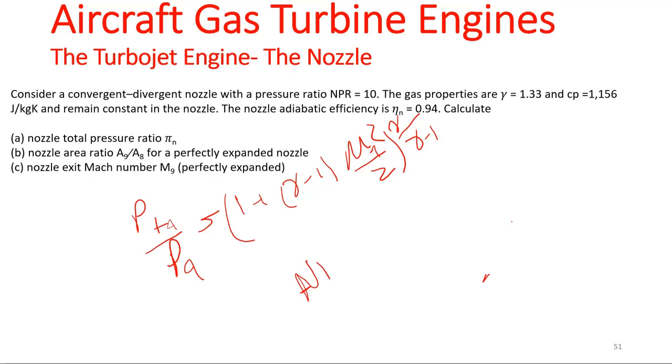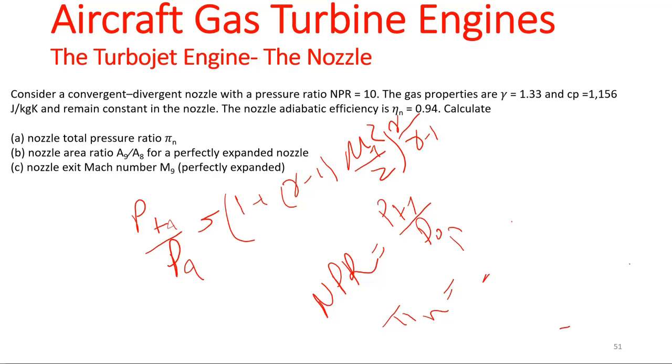The NPR. So what is the definition of NPR? The ratio of which pressures? PT7 over P0, right? So no, we cannot use NPR directly. What did we just calculate?